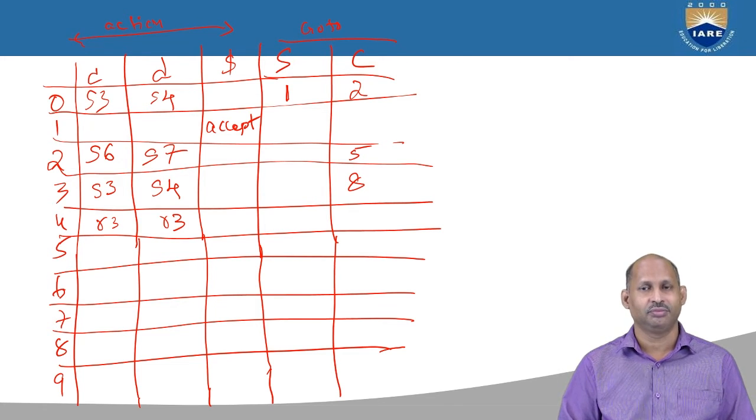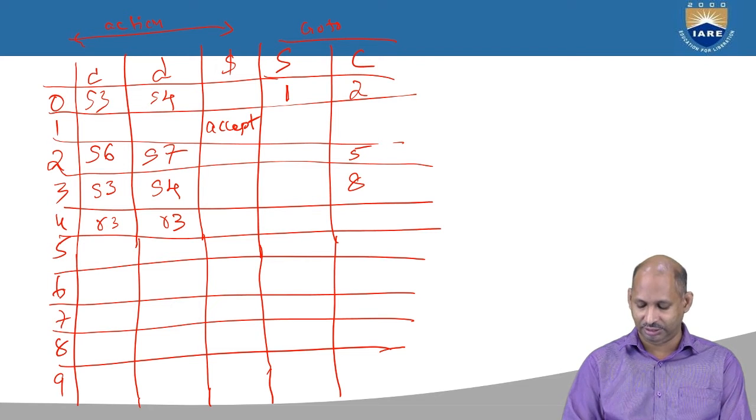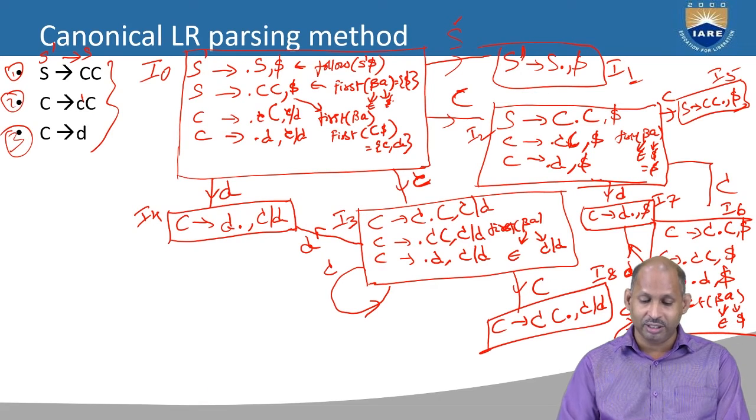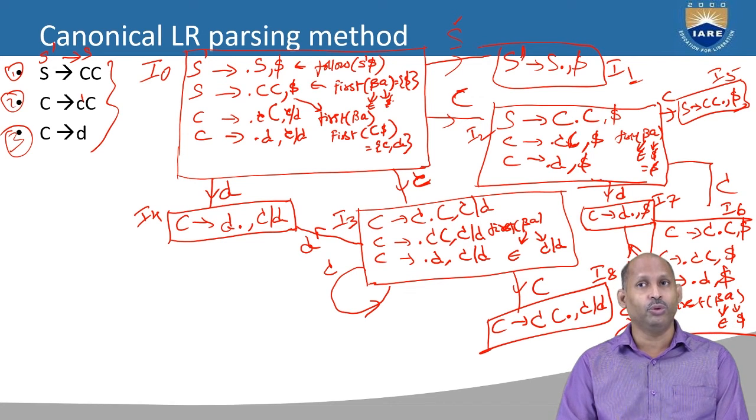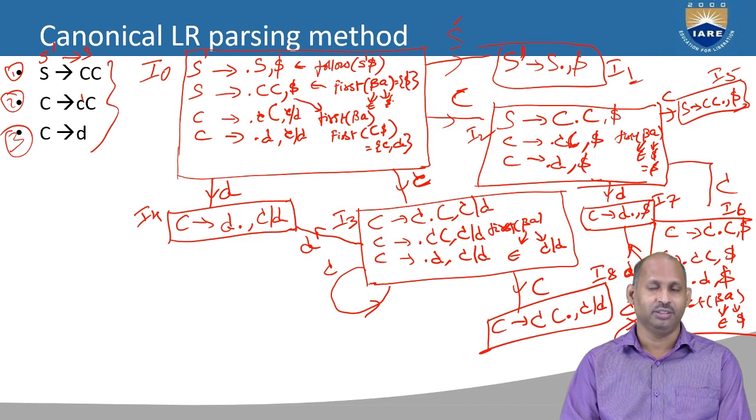Is it clear? So we are writing reduce production number 3 in the lookahead symbol columns. The lookahead symbols are C and D, so in both the columns we have to write this.